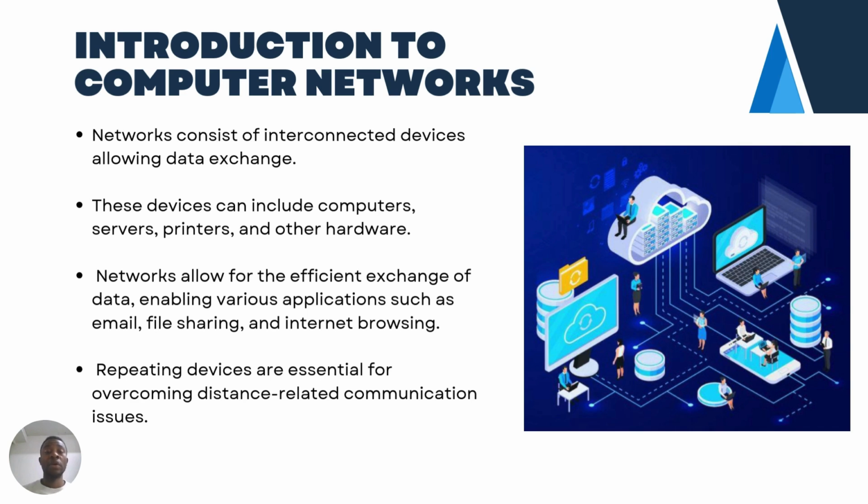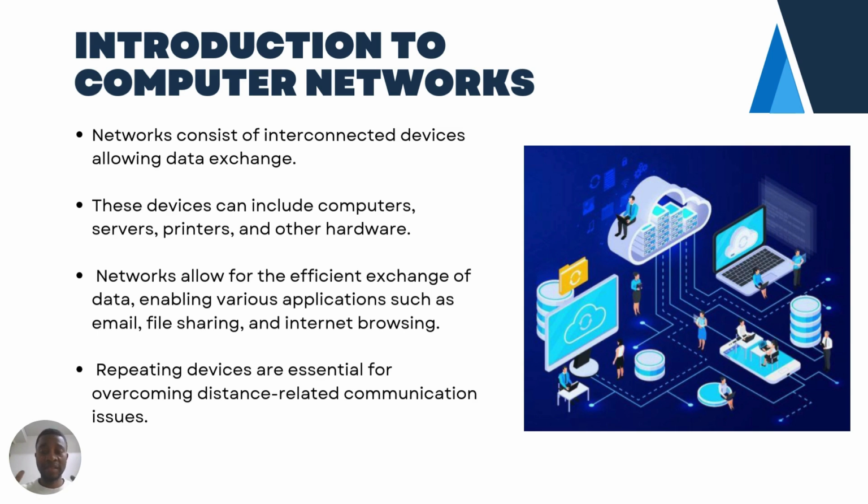So, to start with, I want first of all to explain a little bit what computer networks are. Computer networks consist of interconnected devices, allowing data exchange. It's just like the backbone of modern communication and computing.